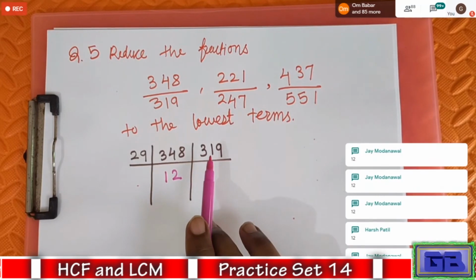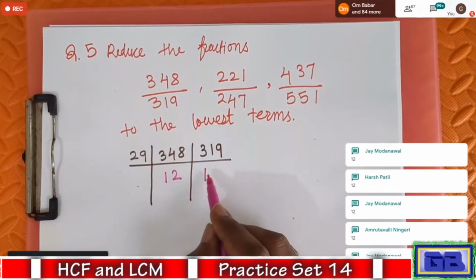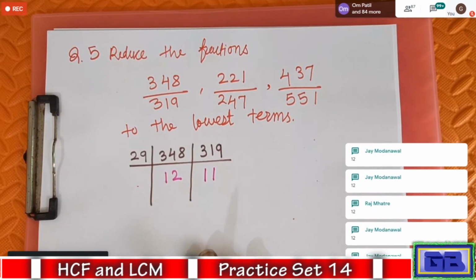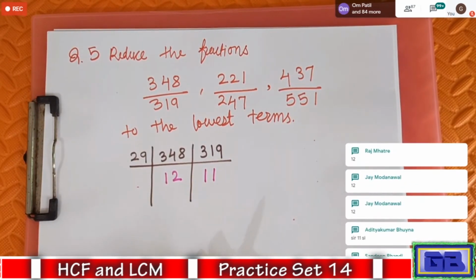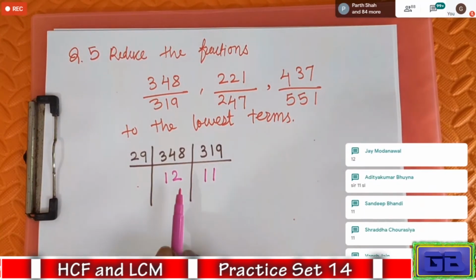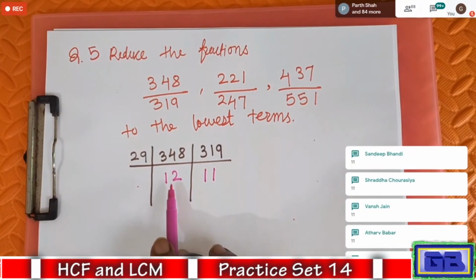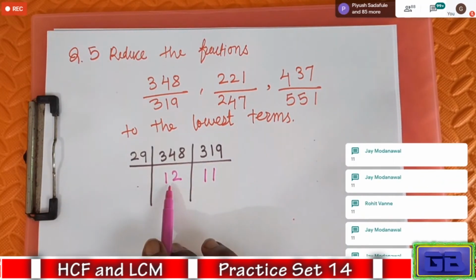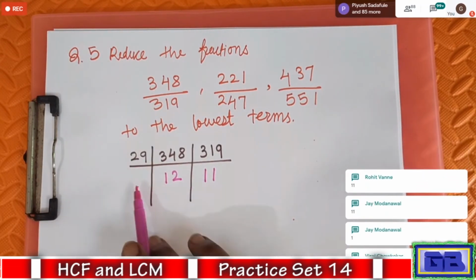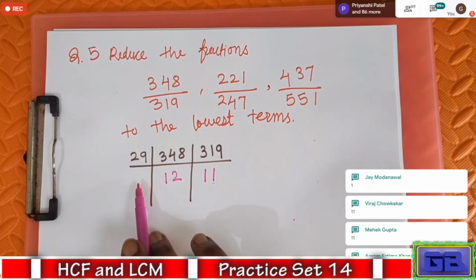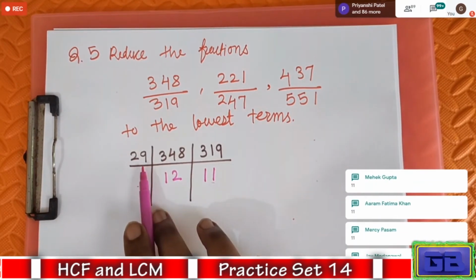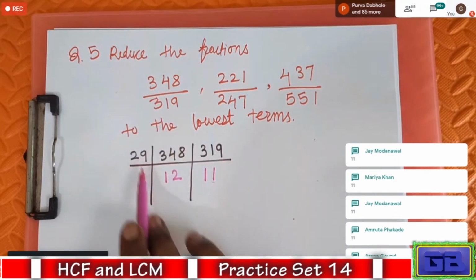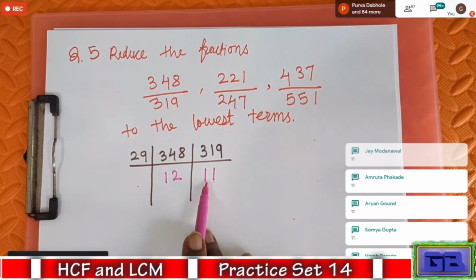Yes, Raj, 11. I said you have to type it in the chat box. Sorry, sir. So only 29 is common in between these two. 12 and 11 we cannot take any number common. Therefore 29 is HCF, and when we divide both the numbers by 29 we get answer 12 upon 11.